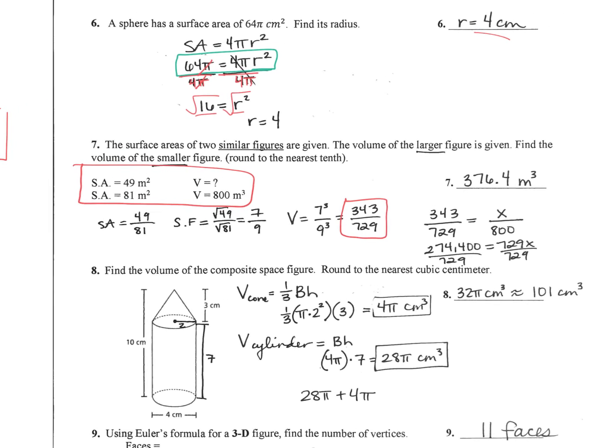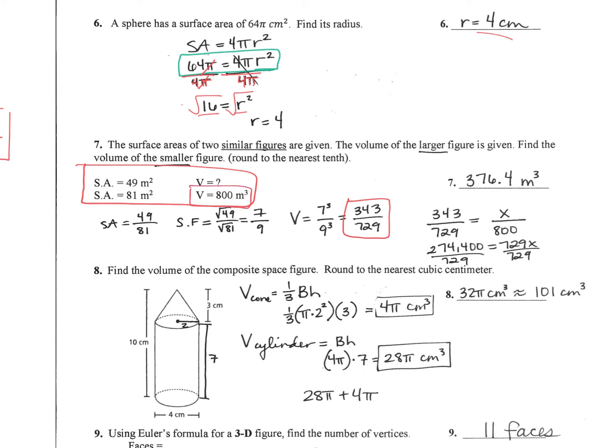They tell you the volume of the larger figure. So you're going to set up a proportion, volume ratio 343 to 729 equals, the larger goes on bottom because you have the larger here, x on top, and then you would cross multiply that, okay? So that's what all this work is.